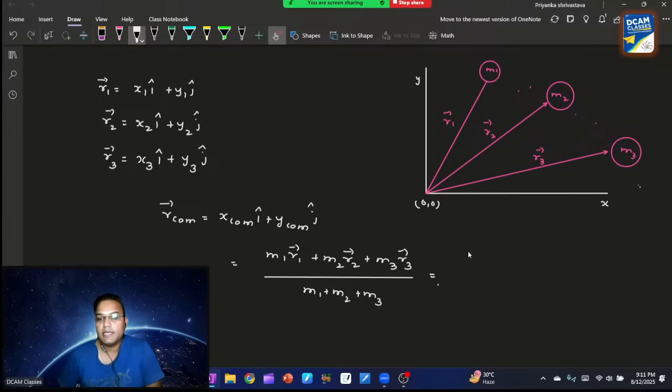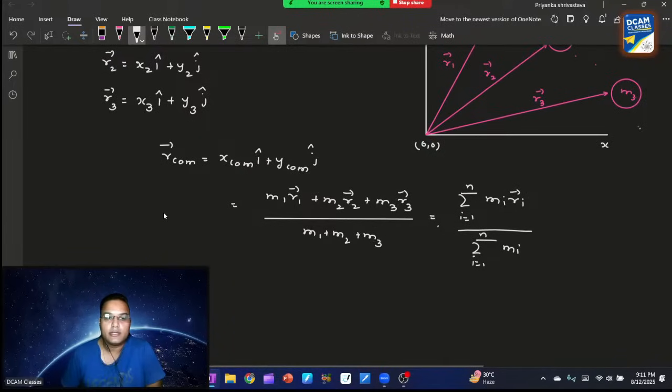This is basically sigma mi ri vector, i is equal to 1 to n, by sigma i is equal to 1 to n mi. This is how you define R center of mass.